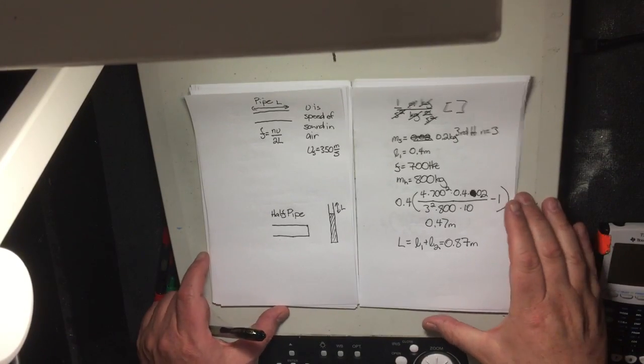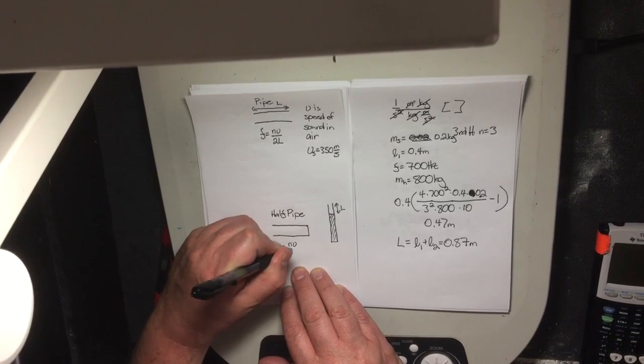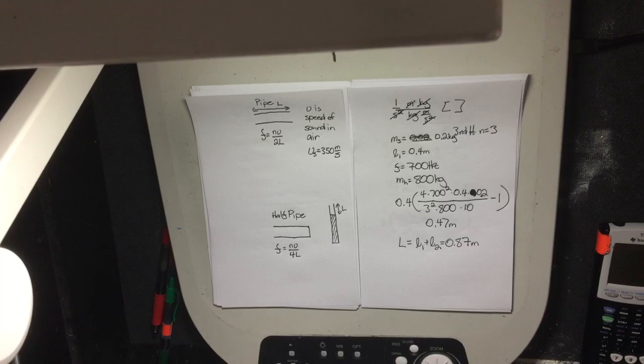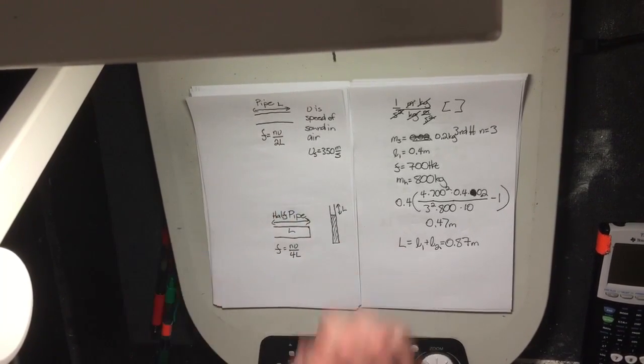For a half pipe, the frequencies are NV over 4L. L is the length from end to end of that pipe. V is the velocity of sound in air, N is the order. Now, in the rope, the amplitude was the displacement vertically.